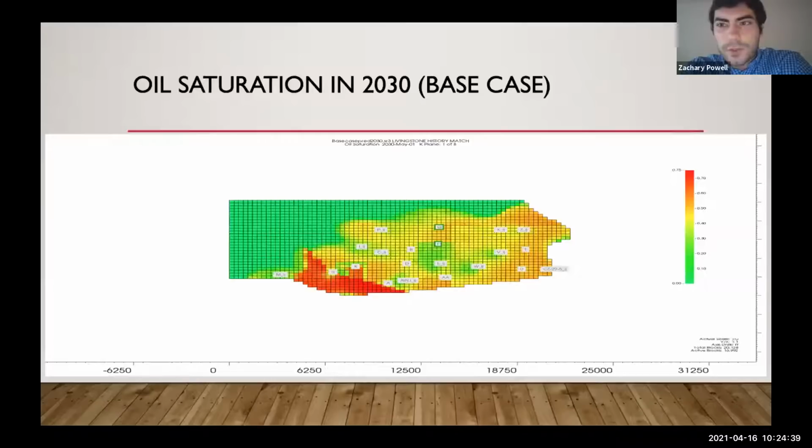So this is our forecast, and this is the base case. This is just the 3 producing wells forecasted to 2030, so this is over a 20-year span from the previous slide. You can see there was a little bit of oil production from the producers, but not as much as we would like.